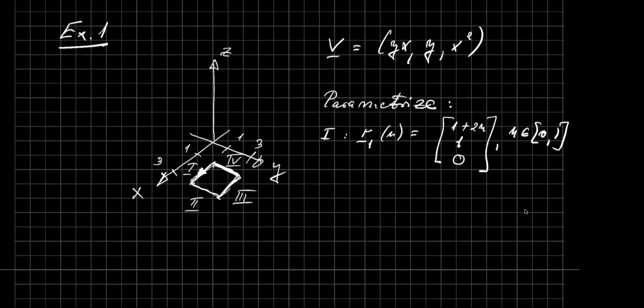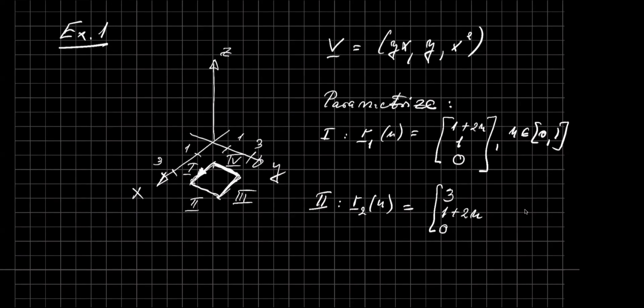Well, similarly, if you take the second, again, we use u as the parameter. And here, x is constant, equal to 3. Z is still 0. And now it is y that varies as 1 plus 2u.